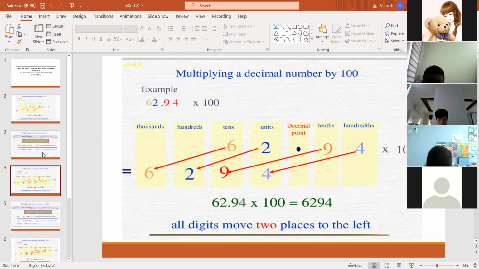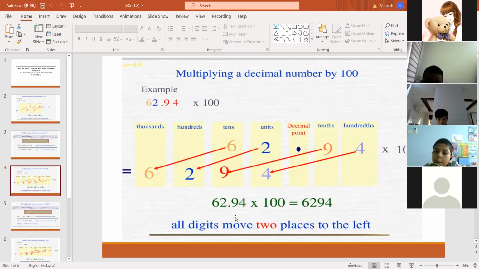Two. Very good. You all know the answers, but you are very lazy to open your mouth. Okay, so two decimal places.